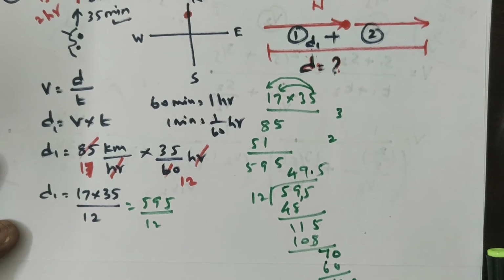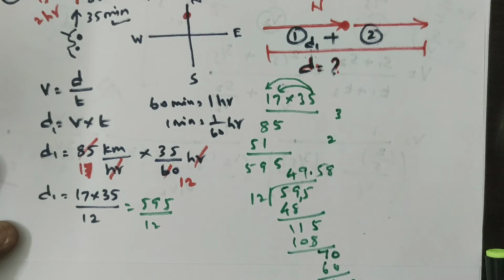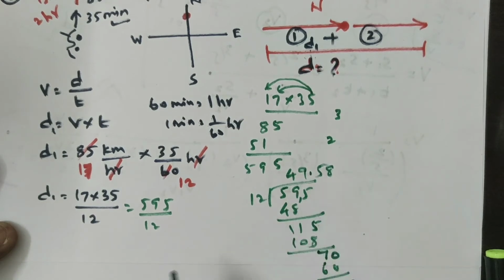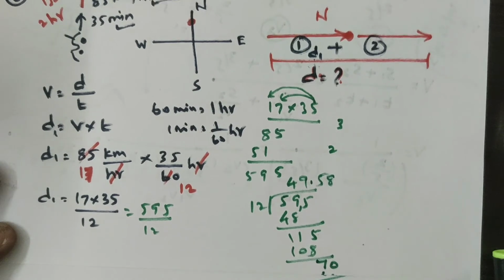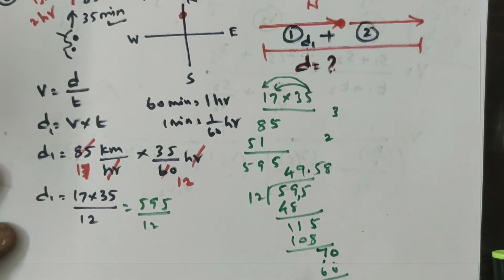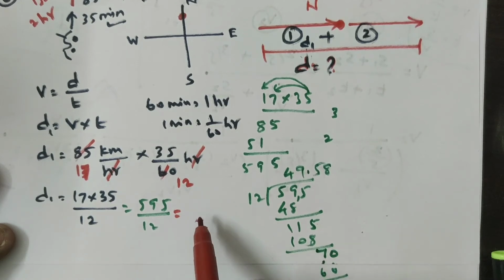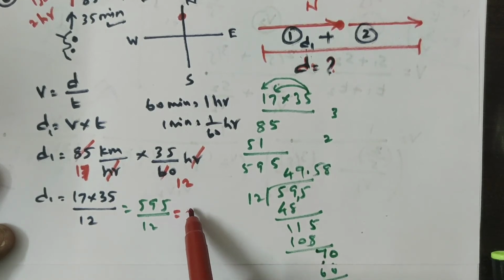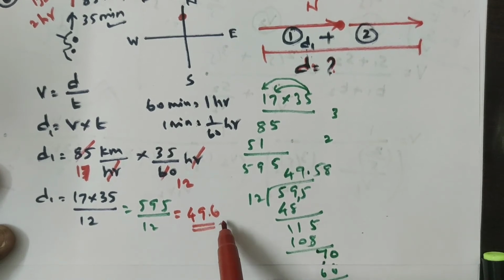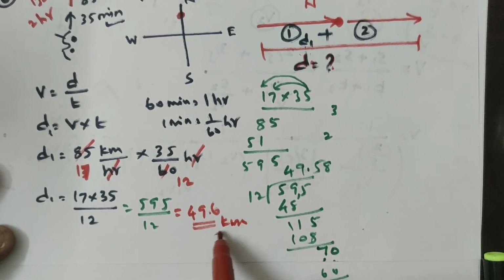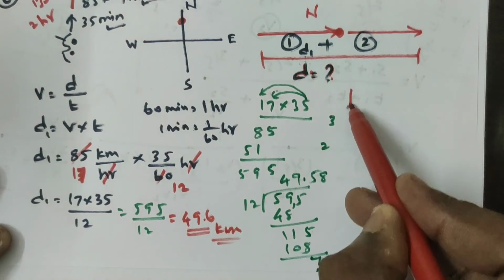Again we add 0. 8 times will come. So 49.58, approximately. We can round it up, so this division value is 49.6 kilometer. So this is D1. We found the D1 value.